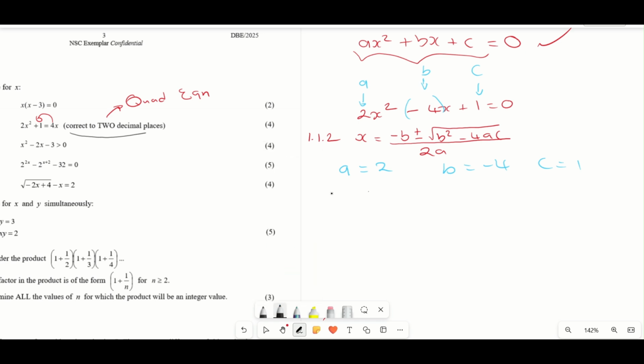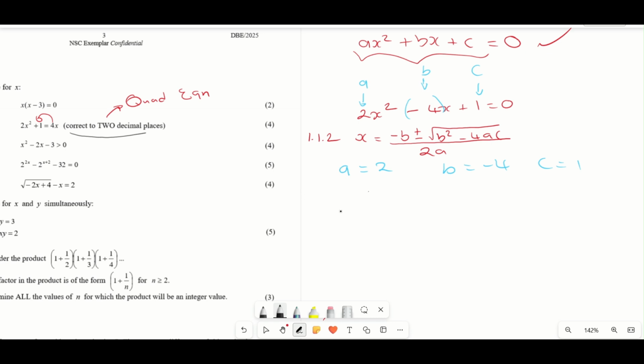And then if I do that, let me quickly substitute this into my calculator. I have negative negative 4 plus the square root of negative 4 squared minus 4 times 2 times 1, divided by 2 times 2.